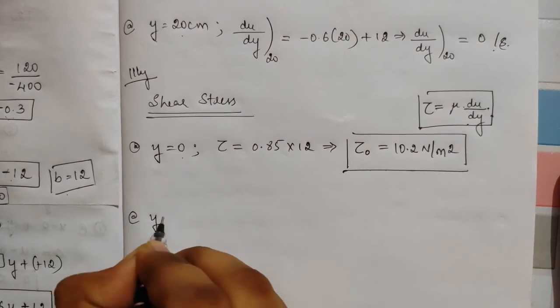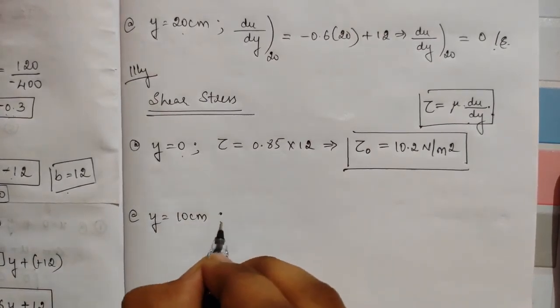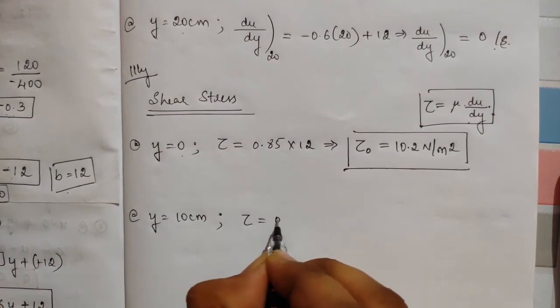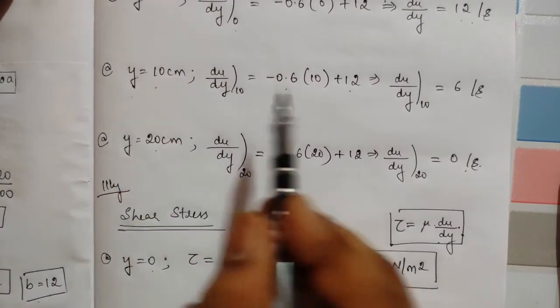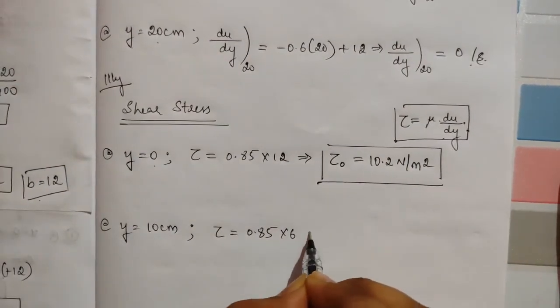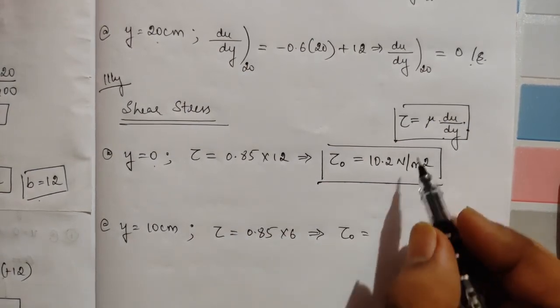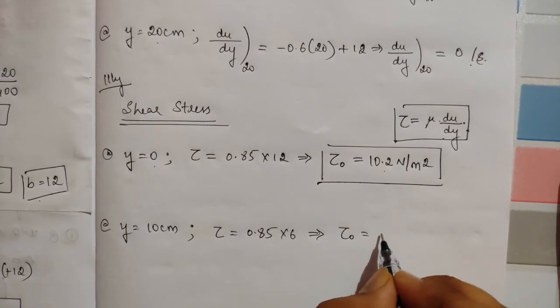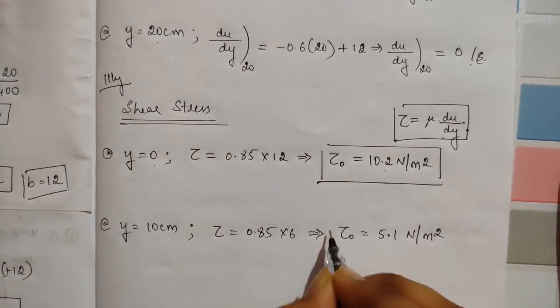Now at y is equal to 10 centimeter, tau is equal to 0.85 into the value of du by dy at y equal to 10, which is 6, exactly half of 12. So tau is half of 10.2, that is 5.1 Newton per meter square.